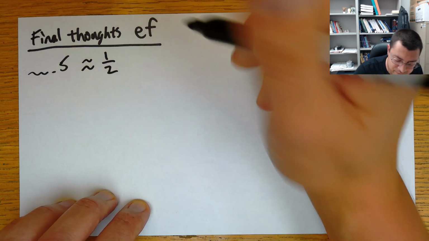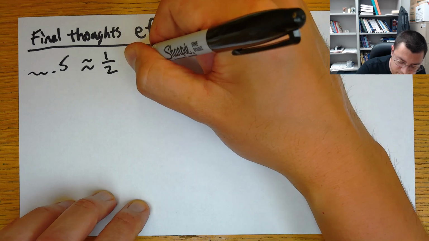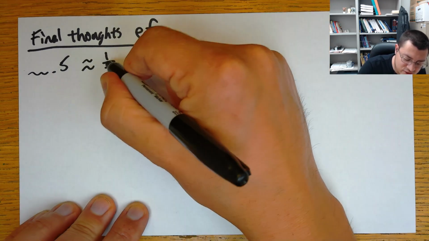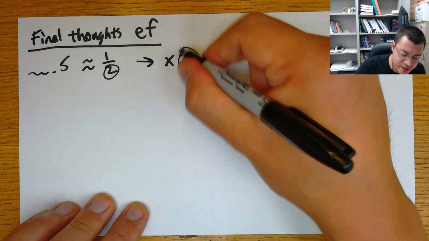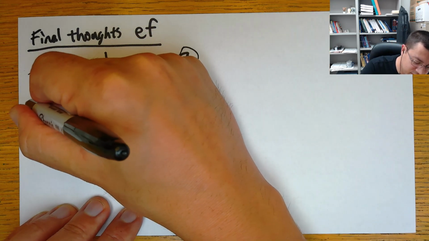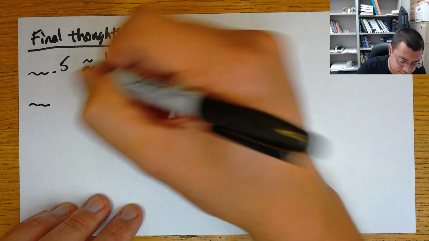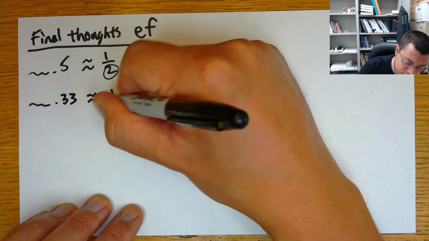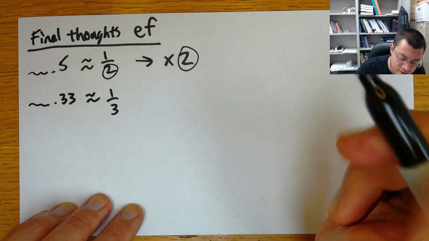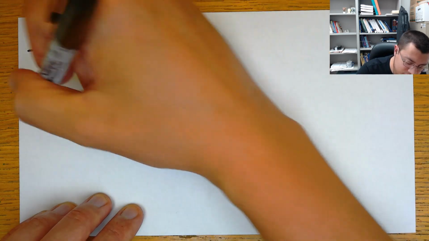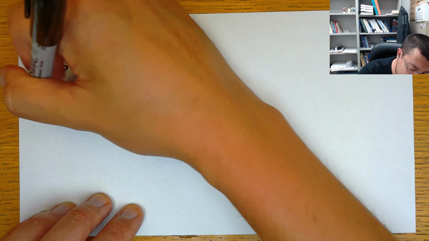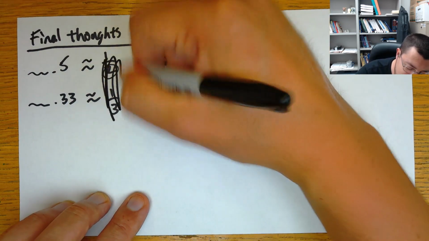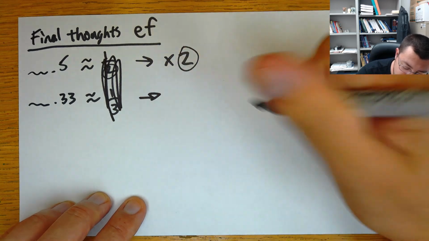So that's going to mean you're going to end up needing to multiply by 2 to get rid of that denominator. If you have something like 0.33, that's going to be about a third. Forget this, I'm getting tired, so I'm not starting to make sense.